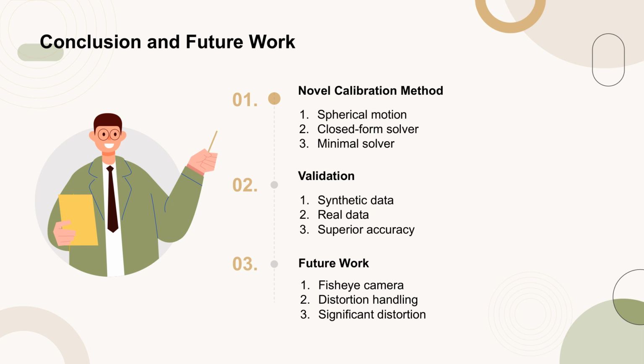Experimental results from both synthetic and real data confirm that the proposed method outperforms current state-of-the-art techniques in calibration accuracy. However, the paper acknowledges a limitation in calibrating fisheye cameras, where more attention to distortion is necessary. Future research will concentrate on improving calibration methods for cameras with significant distortion.